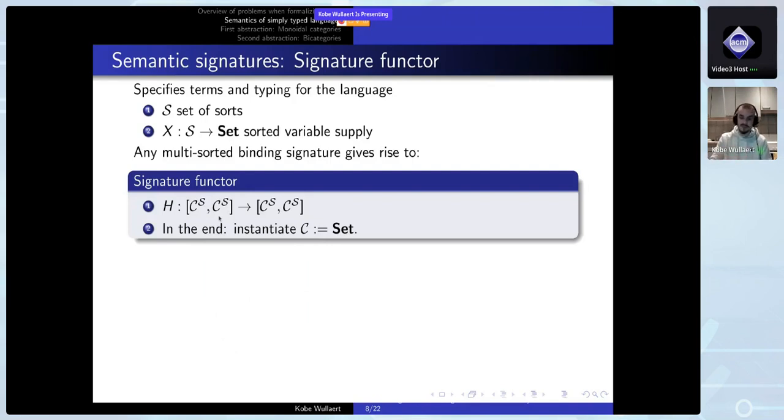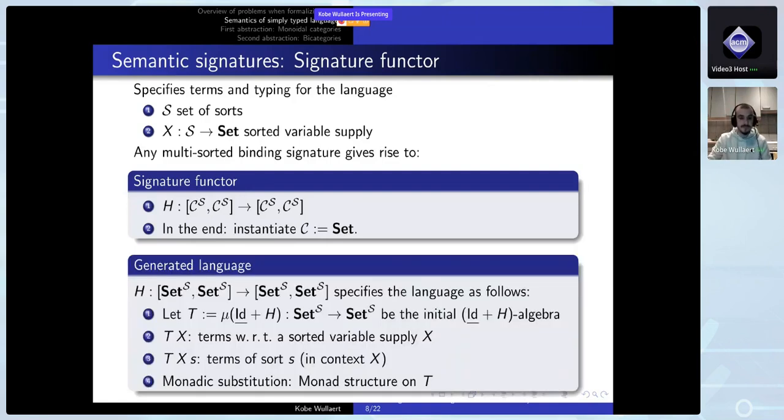And so we have this general functor, but then we want to take the initial algebra of it. To be a little bit more precise, we have here this functor, and this specifies the language, or it's supposed to. What we then do is, we first have to add the identity functor. This is in order to get the variable case.